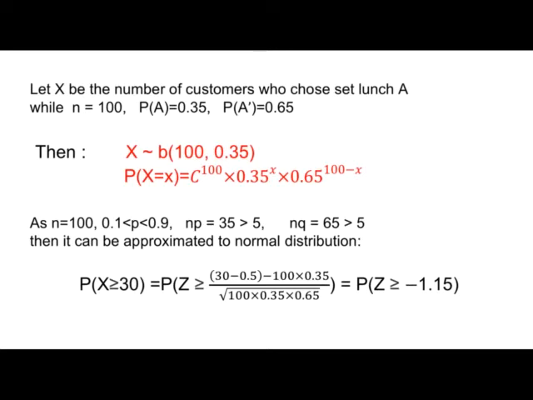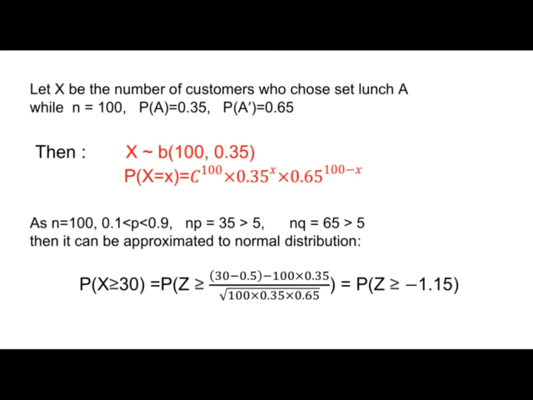However, it's hard to directly calculate the probabilities. Then we can find that np equals 35 and nq equals 65. They are both bigger than 5. Then we know that it can be approximated to a normal distribution.